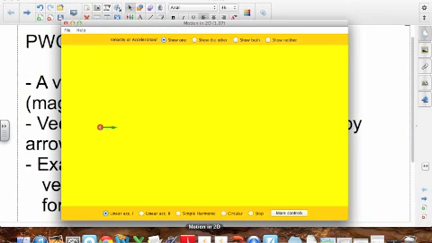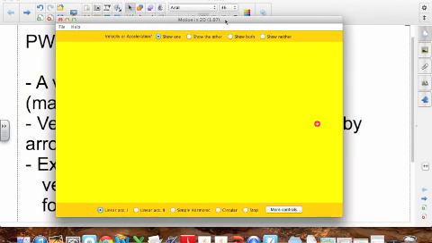Okay? So I have a Java applet here, which shows a little red ball that is moving from side to side. Now the green arrow, when it appears, represents the velocity of that ball. You can see that the arrow's direction indicates the direction of the ball's motion, and the size of the green arrow indicates how fast the ball is going.